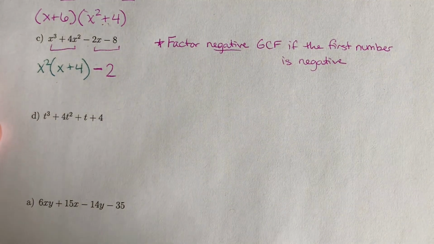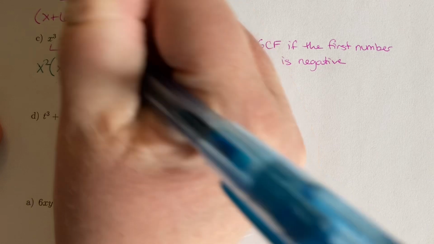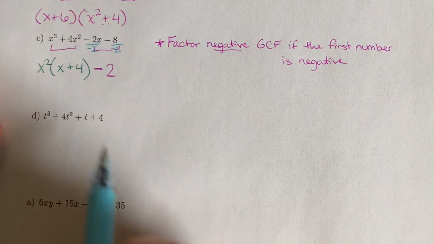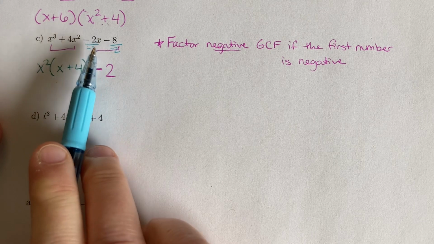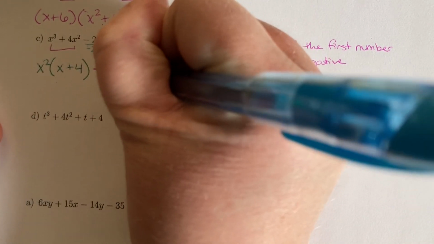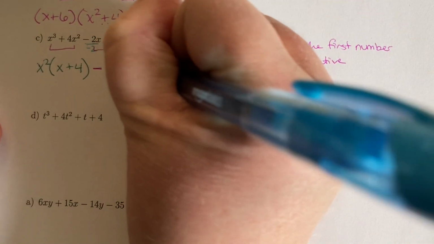Now I'm dividing by negative 2. If it helps, put divide by negative 2, divide by negative 2, because that's what we're doing. Negative 2x divided by negative 2 makes a positive x. Negative 8 divided by negative 2 makes a positive 4.